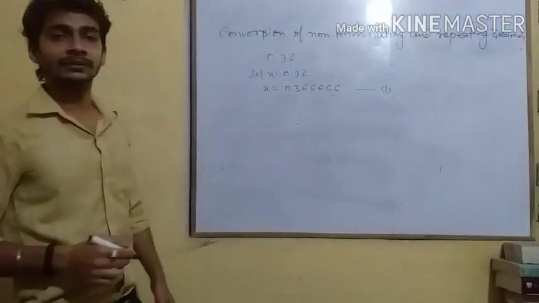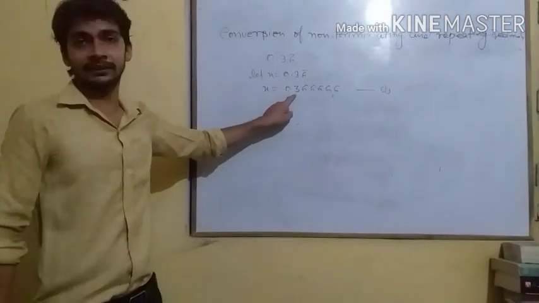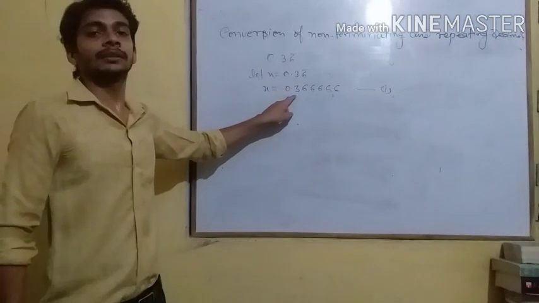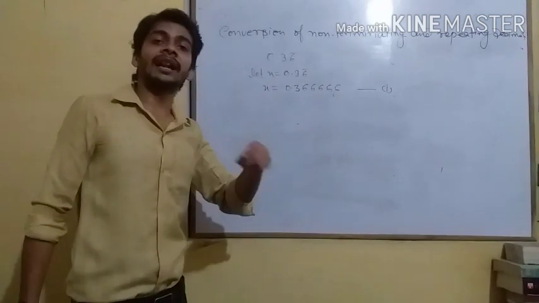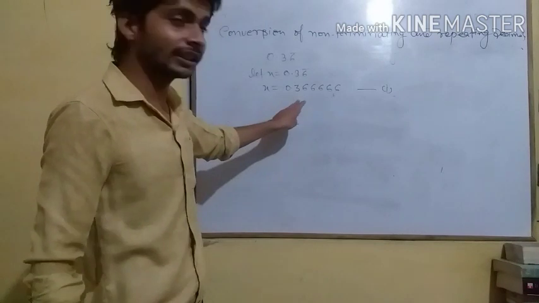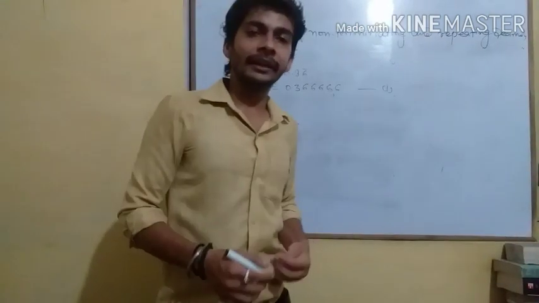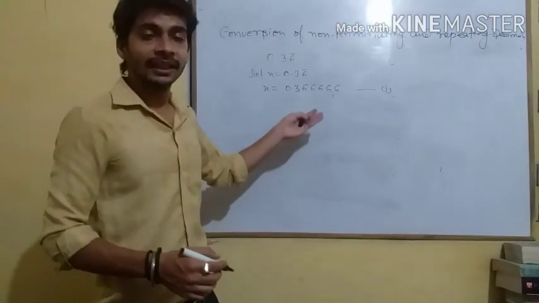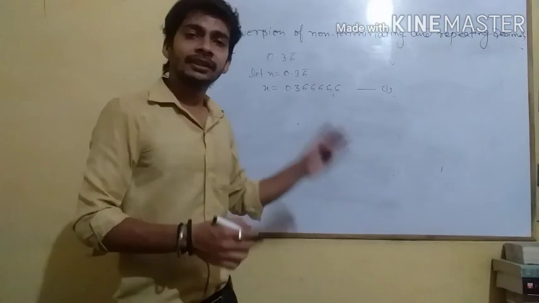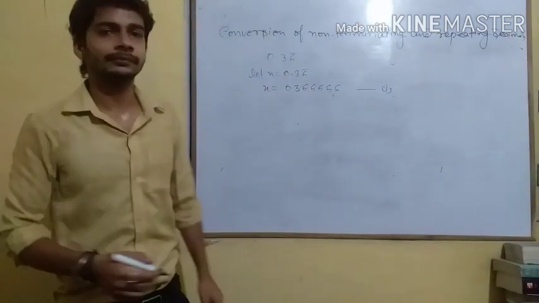If we have only one digit which is not repeating, then multiply by 10. If we have two digits, then we multiply by 100. If we have 3 digits, then we will multiply with 1000 in equation number 1.